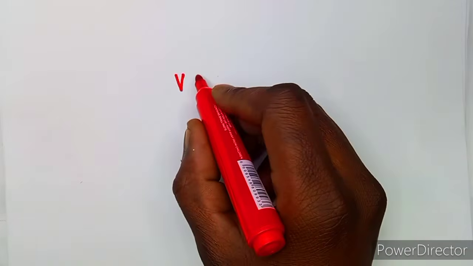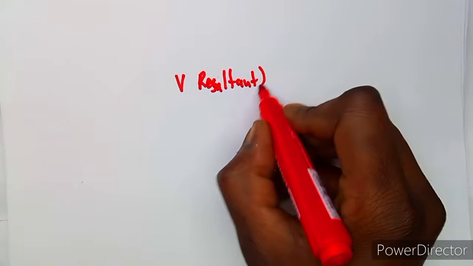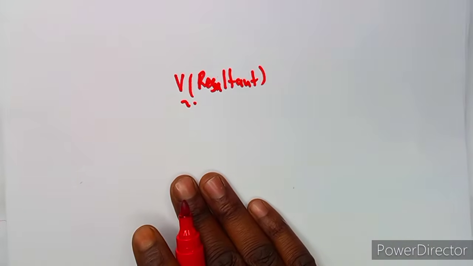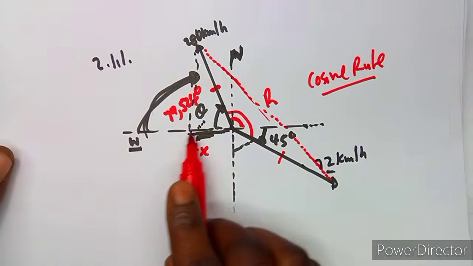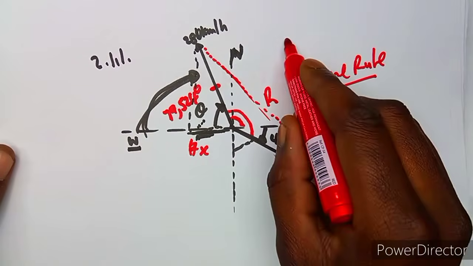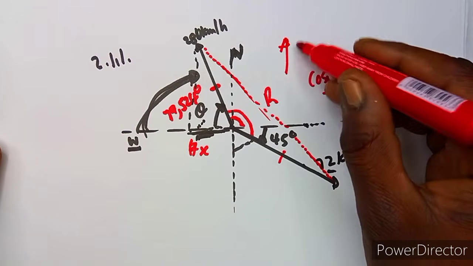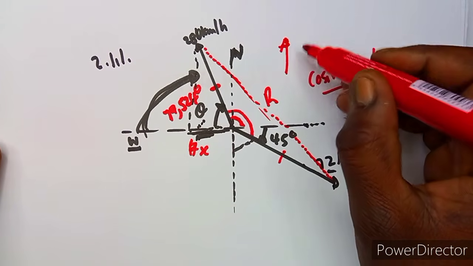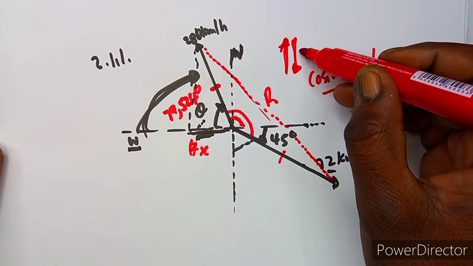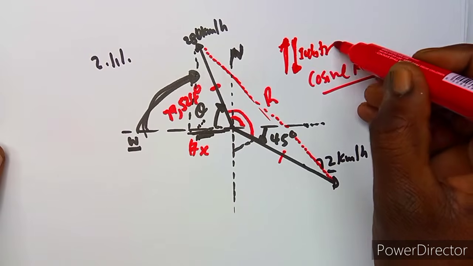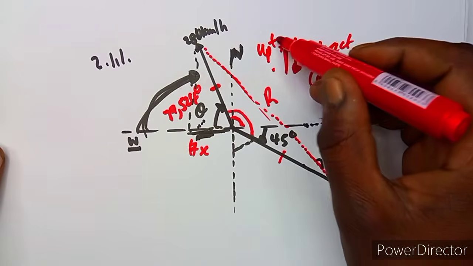So V resultant can be taken from the vertical component, because this is where the plane is going up. It was going to the north, so definitely the velocities which are going to affect are the ones in the vertical. All right, the one is going up, the other one is going down. So the wind is subtracting. The wind you're going to subtract, because the aeroplane is the one that is going up, so it's going to add.